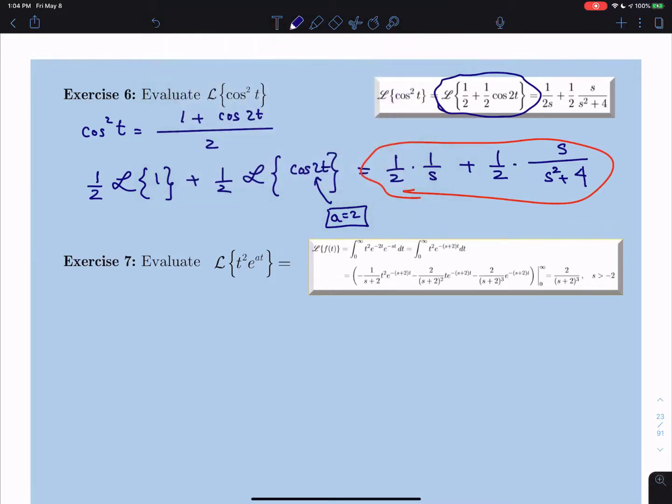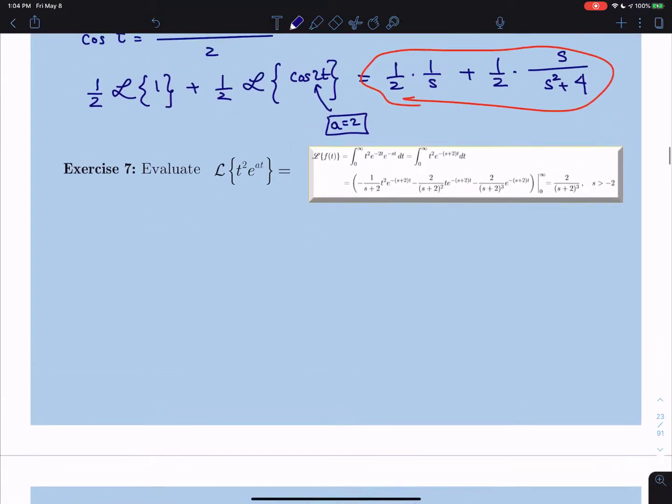Now, looking at this one, Laplace transform of t squared e to the at, unfortunately here, I could try to figure out if there's any way I could do this without a definition, but thinking about some kind of an algebraic trick to break this apart, that attempt fails.